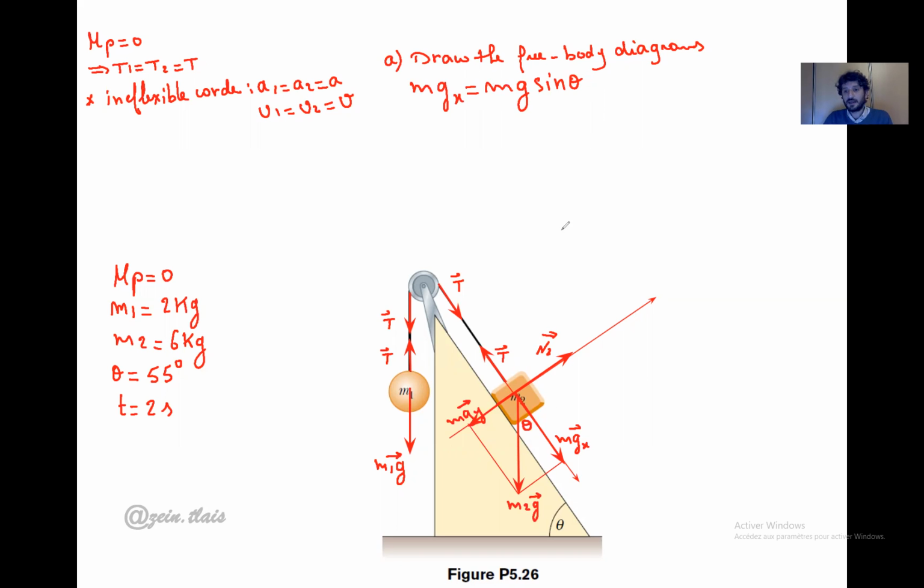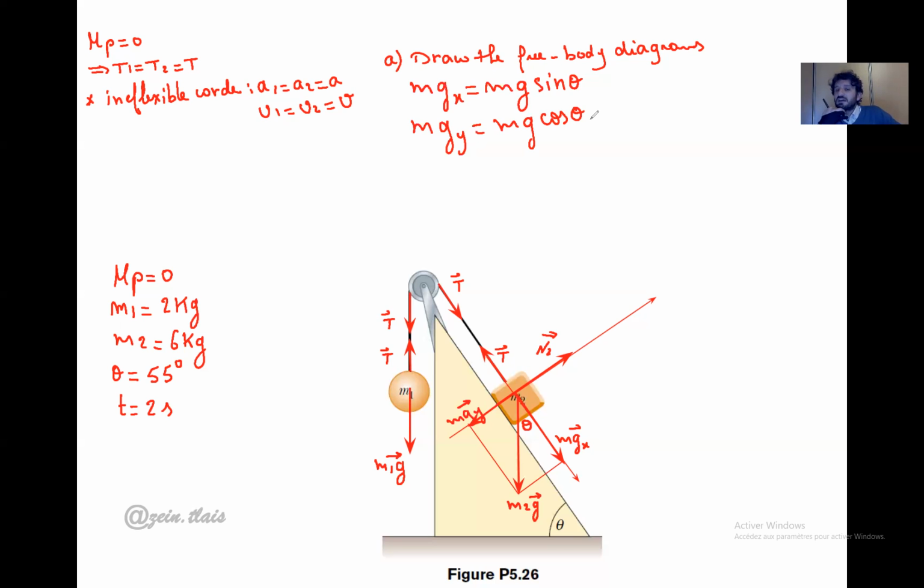And mgy equals mg cosine of the angle of the inclined plane. Okay, I think that's all. Now the question: I need to calculate the acceleration and the tension.